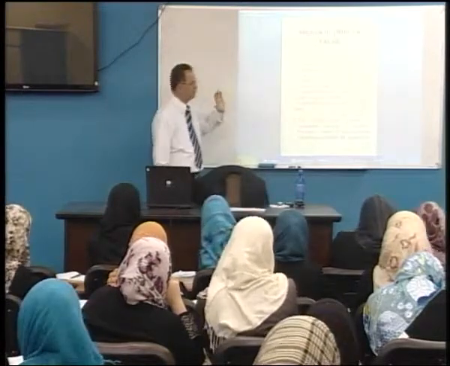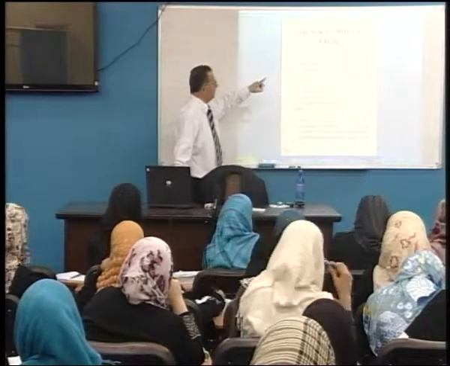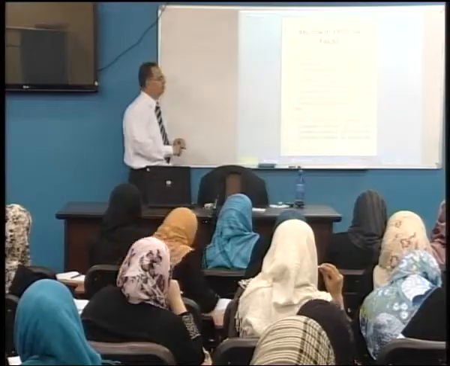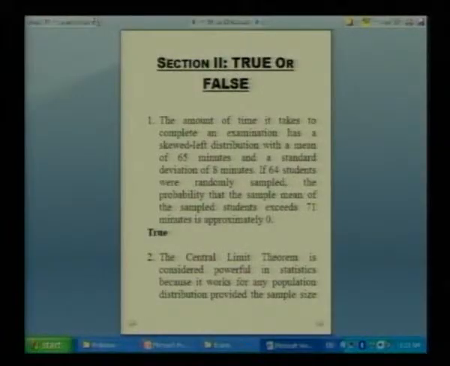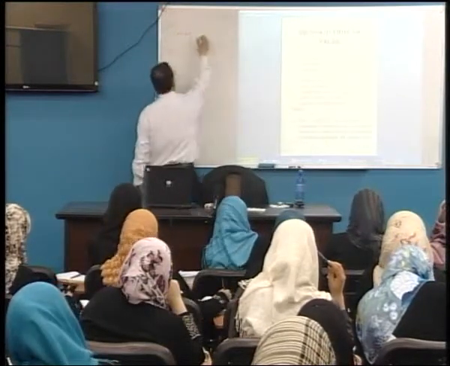Now let's see. The amount of time it takes to complete an examination has a skewed left distribution with a mean of 65 minutes and standard deviation of 8 minutes.